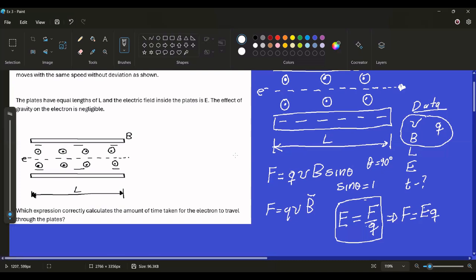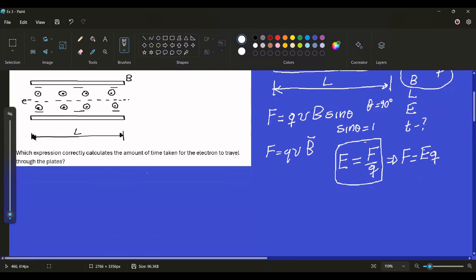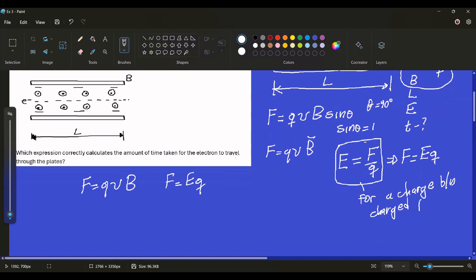Because now you are able to see that, okay, if I have F being equal to QVB, and then I also have F being equal to EQ because of the charge. So this is the force for a charge between charged plates. Always remember this.